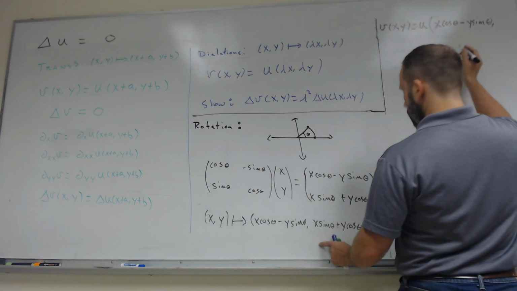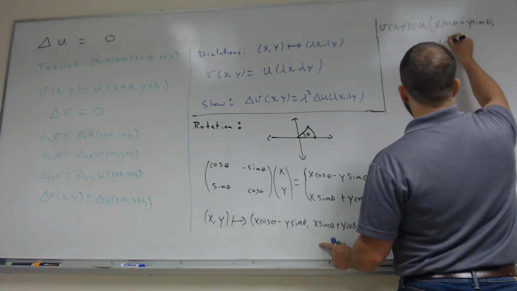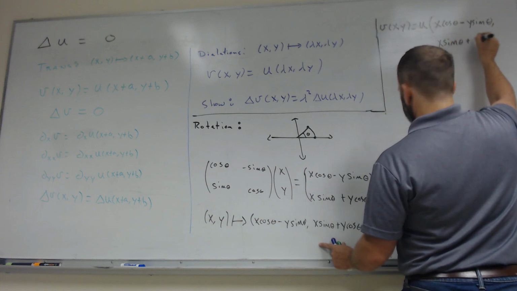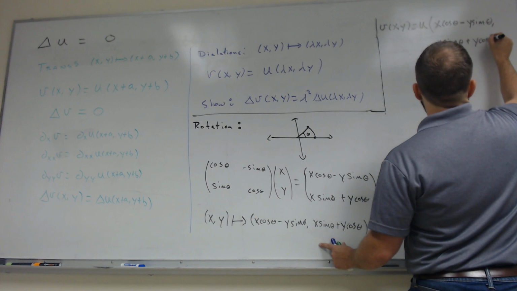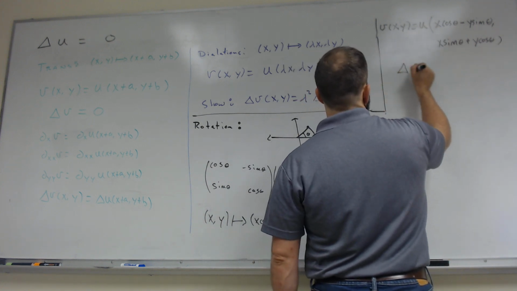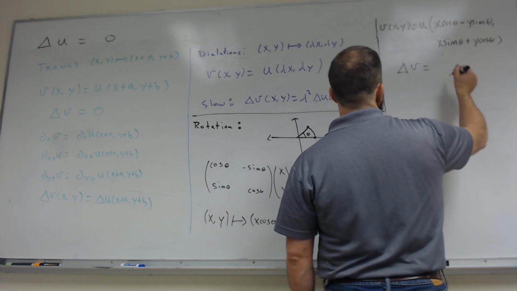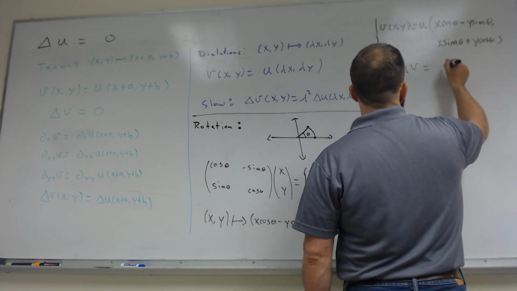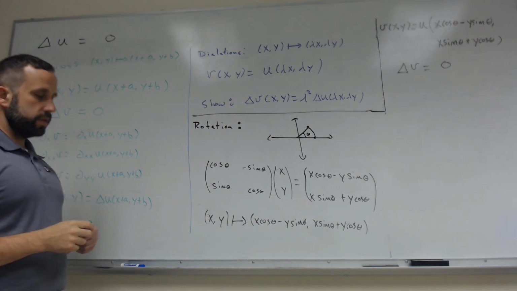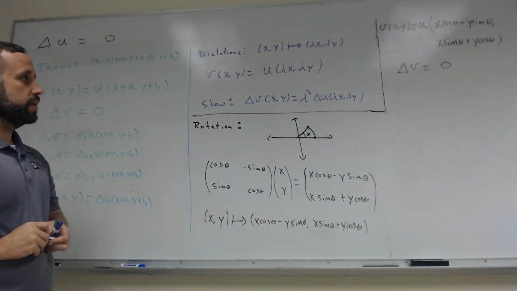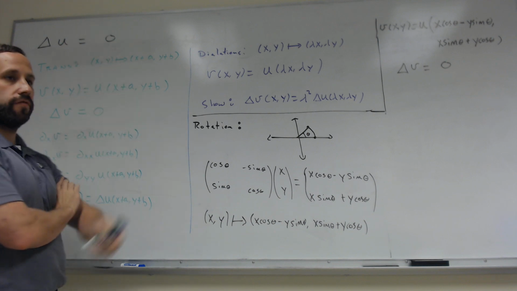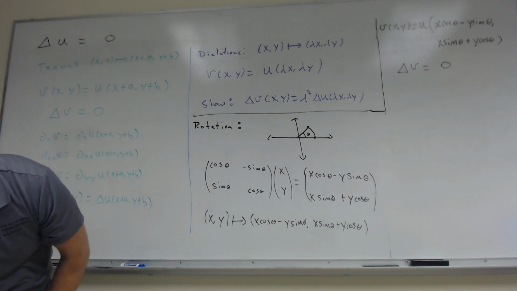And then the second argument is going to be x sine theta plus y cosine theta. If v satisfies this equation, then the Laplacian of v is equal to 0 as well. So we say that the Laplacian is invariant under these rotations. And the Laplace equation is invariant under these rotations. Okay, that's what we mean by that.